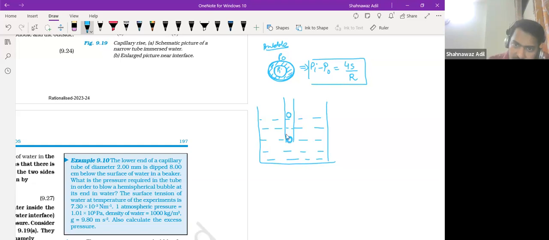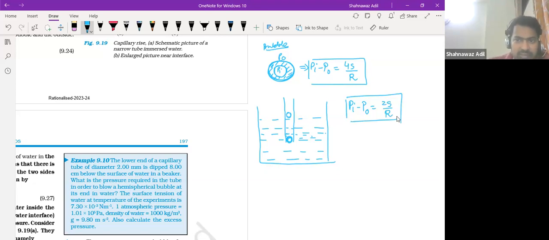Now the bubble is inside the liquid, so we have to find the excess pressure inside the liquid. That would be 2S by r.